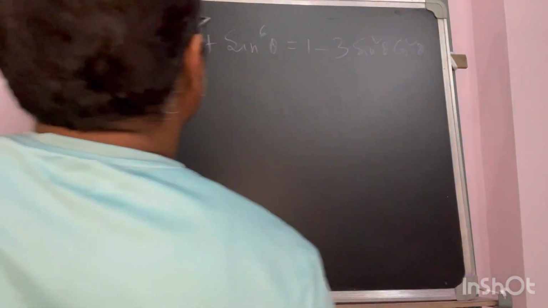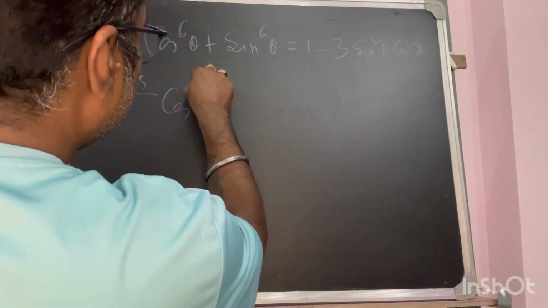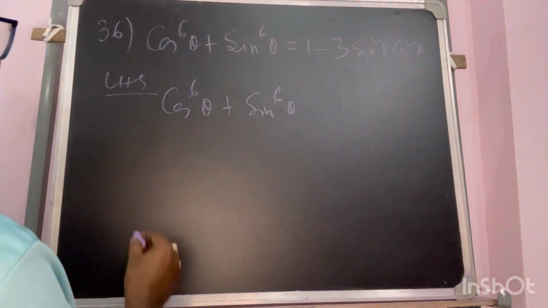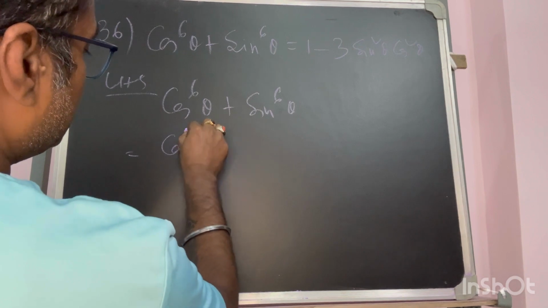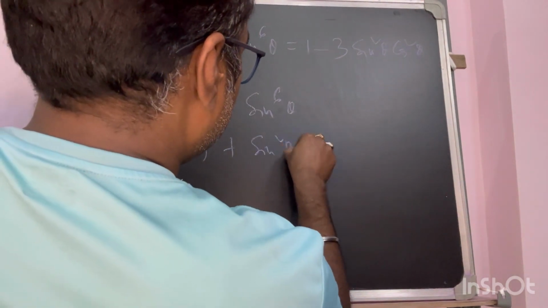Okay. Now let's start from the left hand side. Cos to the power 6 theta plus sin to the power 6 theta, that I can write as cos square theta whole cube plus sin square theta whole cube.